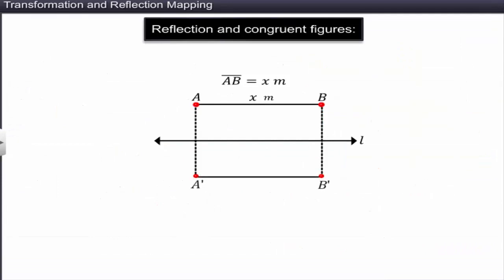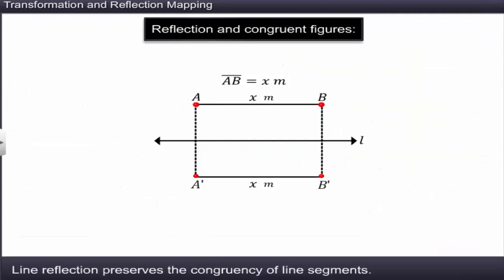On joining points A' and B', we get the reflection image of line segment AB in line L. Measure the length of line segment A'B'. It is equal to x meters, which is equal to the length of line segment AB. Thus we conclude that line reflection preserves the congruency of line segments.